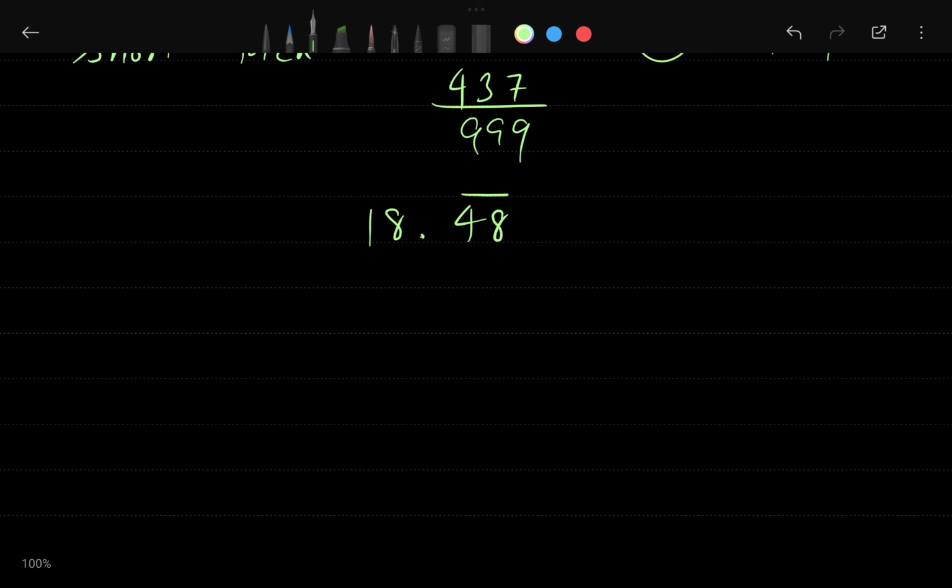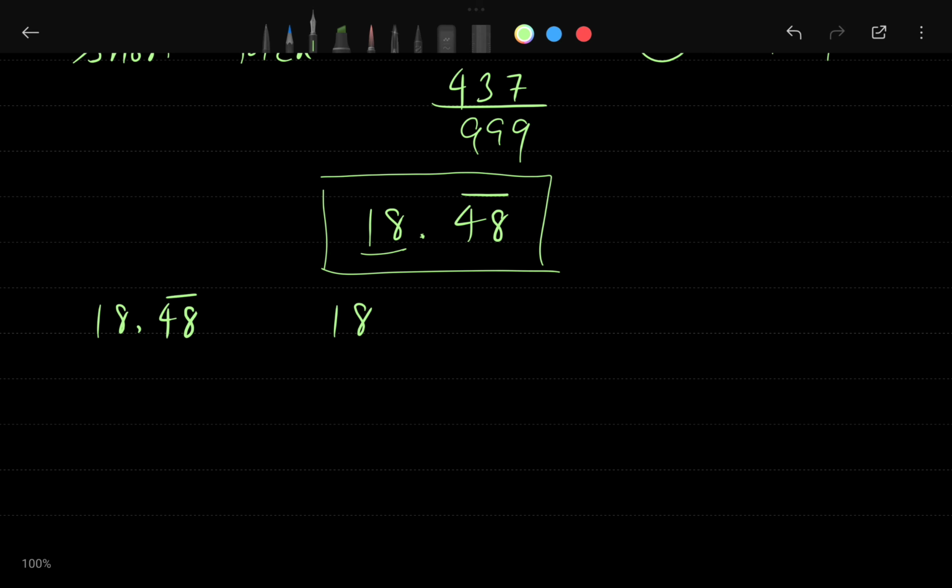So what does the short trick say? No, we cannot apply the short trick directly here, because there is a number before the decimal as well. So we have 18.48 bar. First of all we need to separate this 18 from before the decimal. So what we can do is write 18.48 bar is equal to 18 plus 0.48 bar. So I can write it like this.